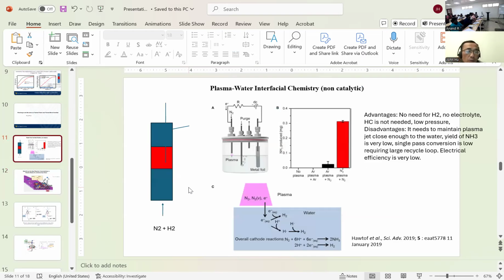Yeah. So basically, in here, that's why they have a purge. You see the purge here? They have to have a purge. Otherwise, you're right, in the presence of oxygen, they are going to oxidize ammonia. You will not see ammonia, you will see NOx. Good question. Because in conventional electrochemical cells, they have a membrane in between, so the oxygen will not come to the hydrogen side.